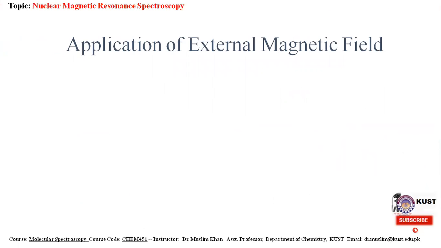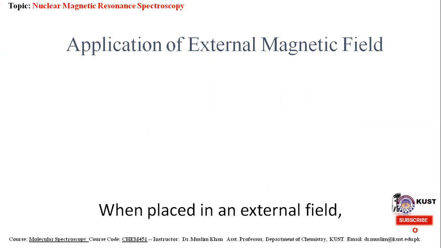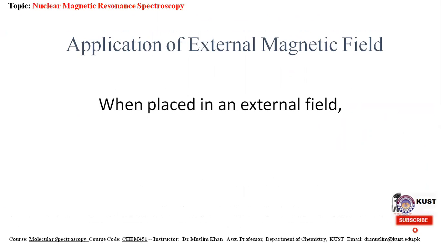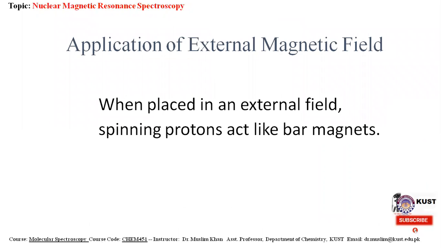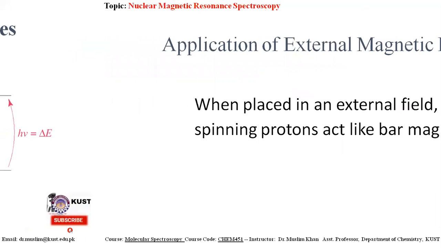So when this spinning proton is placed in an external magnetic field, it acts like a bar magnet having north and south poles.